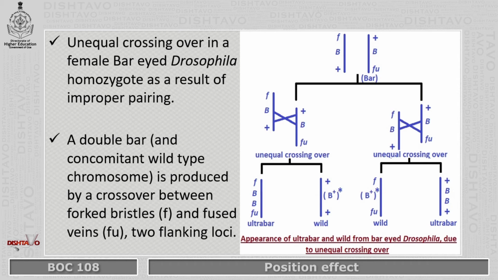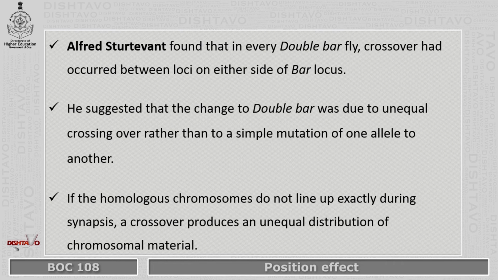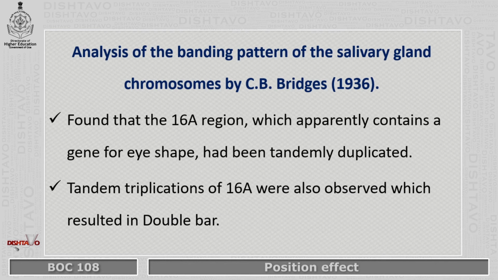He suggested that the change to double bar was due to unequal crossing over rather than due to simple mutation of one allele to another. Later on, an analysis of the banding pattern of salivary gland chromosomes was done by C.B. Bridges in 1936, and he confirmed Sturtevant's findings.